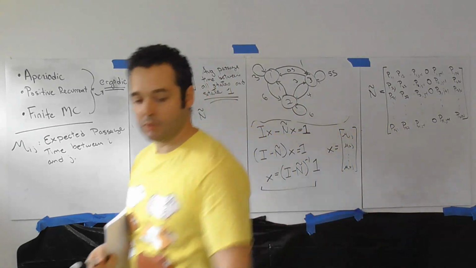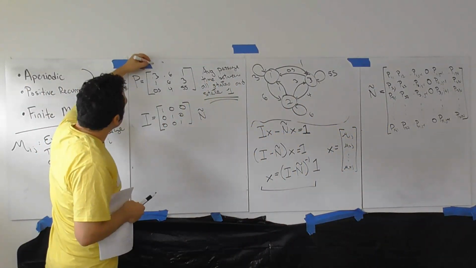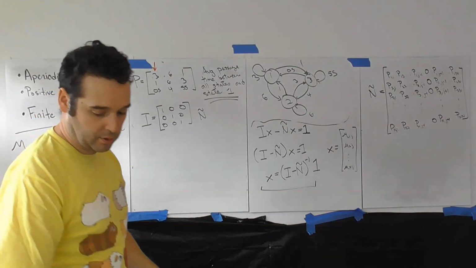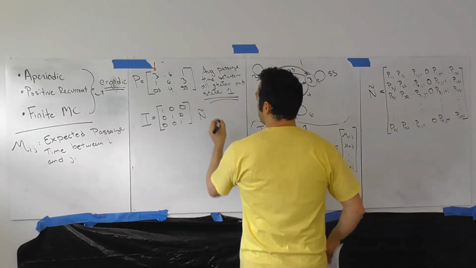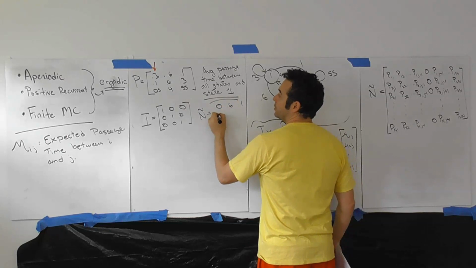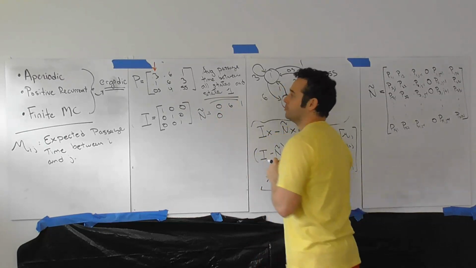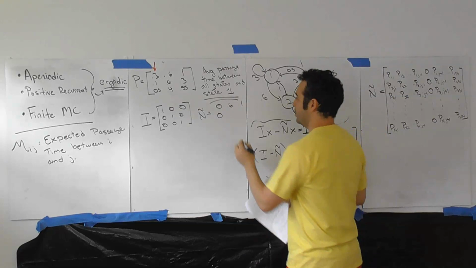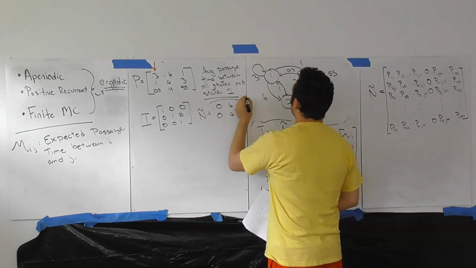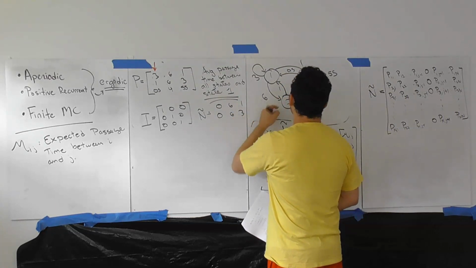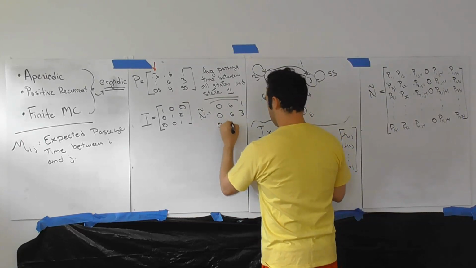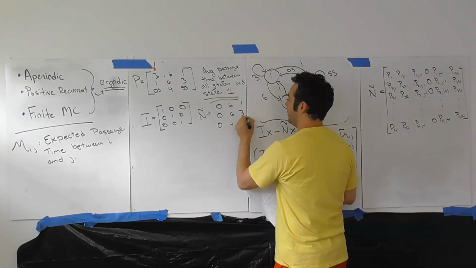So what we're going to do is this column here, we're going to replace with a bunch of zeros. So when we do that, we end up with 0, 0.6, 0.1; 0, 0.6, 0.3; and finally 0, 0.4, 0.55.